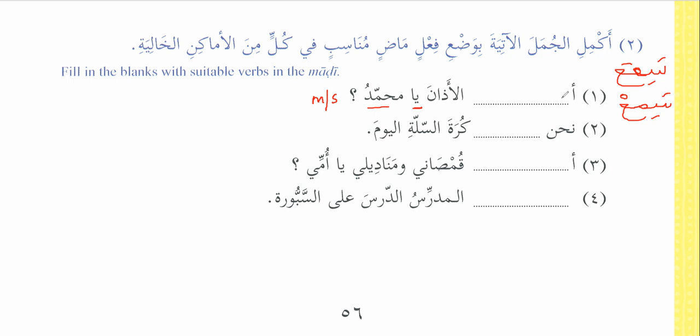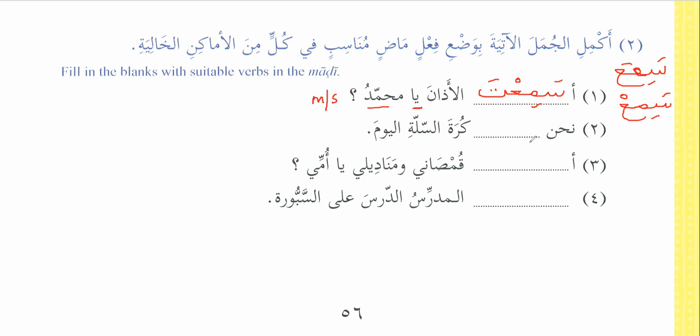So now we will be using sami' and the damir ta. And what will be the haraka? Sami'ta. So ayn will have a sukoon. Remember, I told you that any triliteral verb that you use, the structure is going to be the same for mutakallim and mukhatib, the last letter having a sukoon at the end.